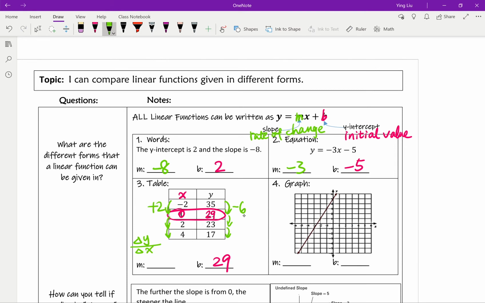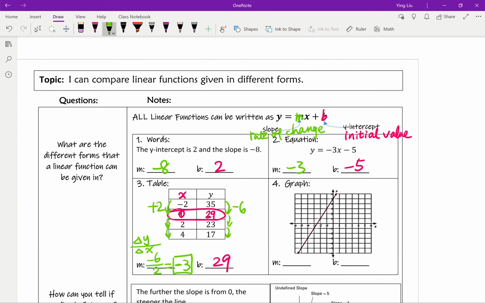So just looking at the change in y is not enough. You have to divide it by how much x is also changing to get a unit change. So in that case, we're going to do -6 over +2. So -3 is how much it's changing per unit, and that's going to be the slope.